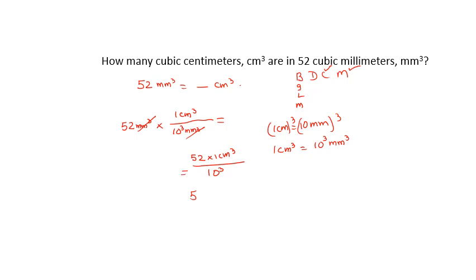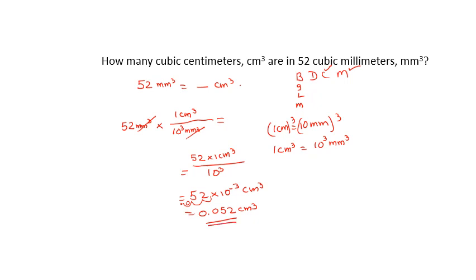Again, my way of doing is I'll take that one in the numerator to the power negative 3 centimeter cube. 1 will not make any difference. So 3 times back. So in this number, the decimal is here. So 1, 2, 3, and this will be 0 and the decimal will move to this place, right? 0.052 centimeter cube.